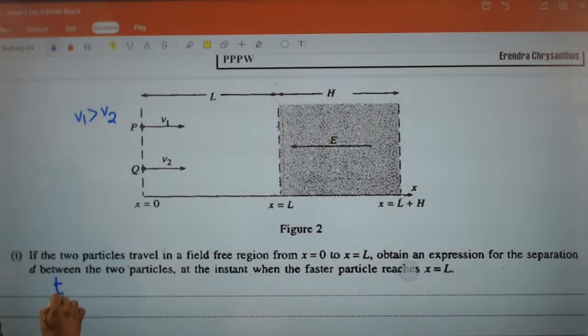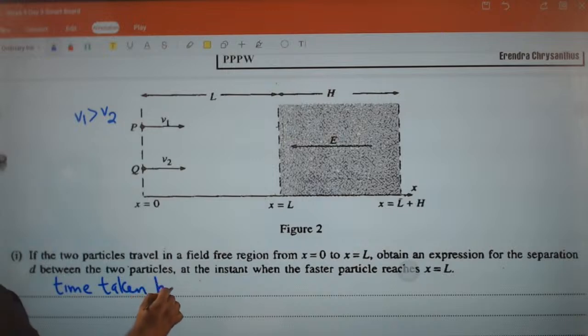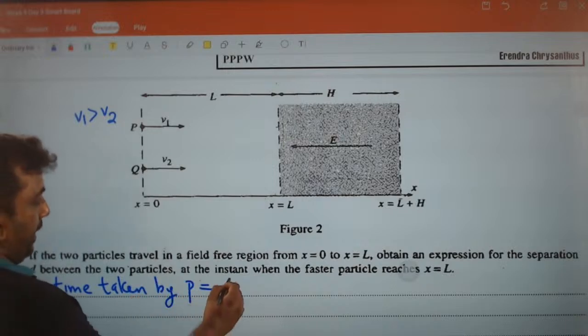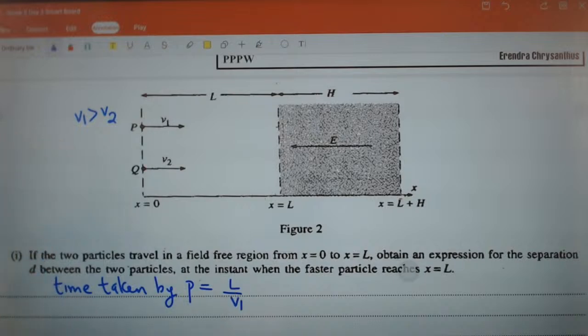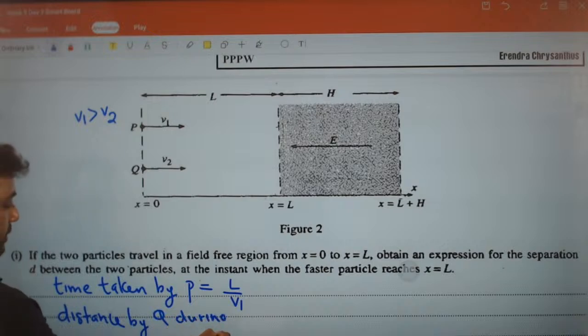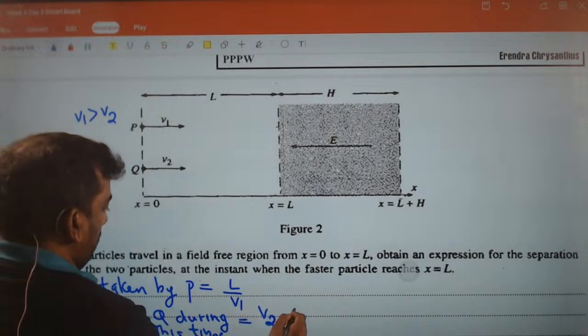Time taken by P is L over V1. Distance traveled by Q during this time: distance is speed into time.